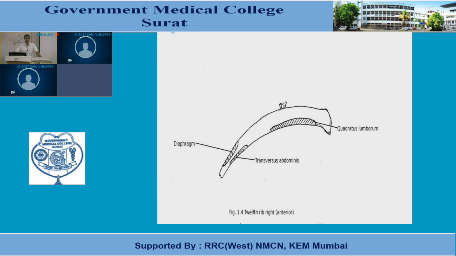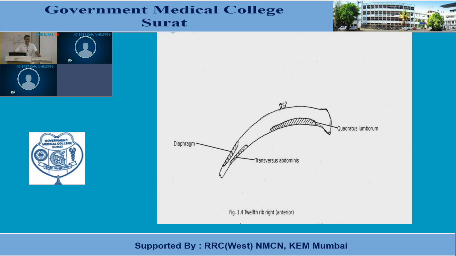The anterior end of the first rib is placed at a lower level compared to its posterior part, about 2.5 to 3 centimeters below the posterior part of the first rib, and below that the second, third, fourth and fifth ribs are placed obliquely.